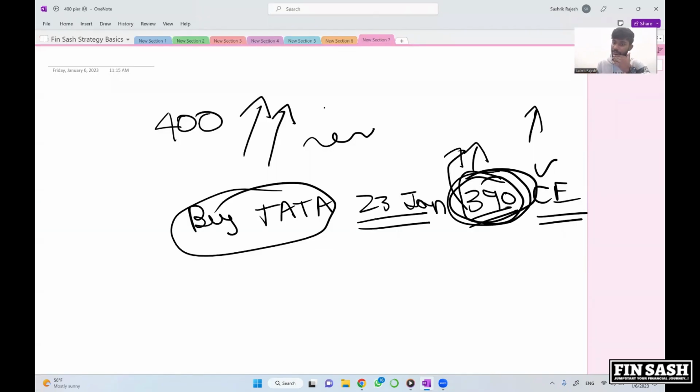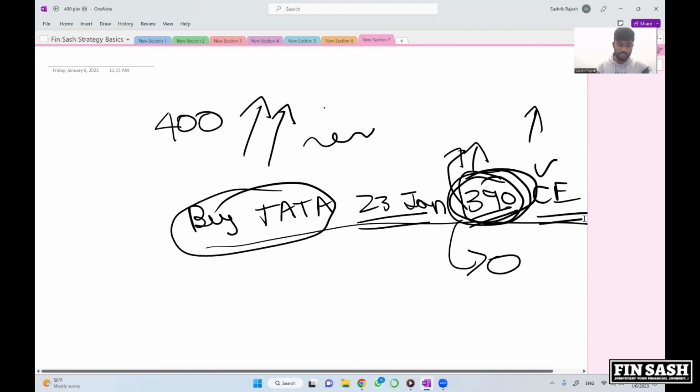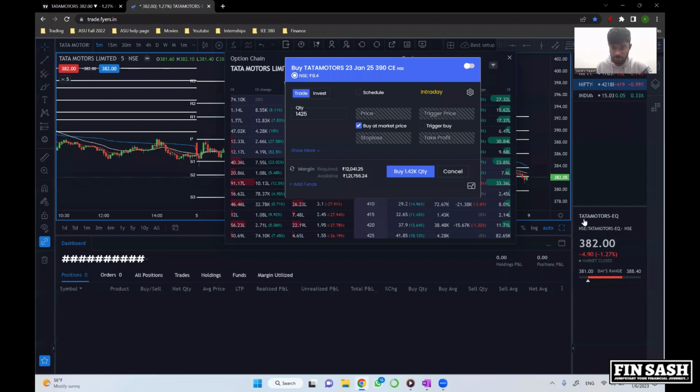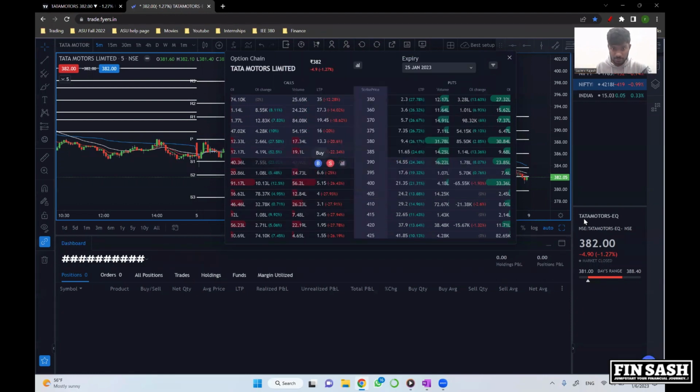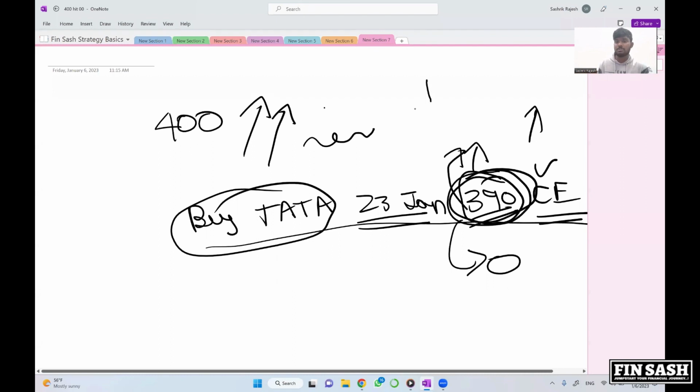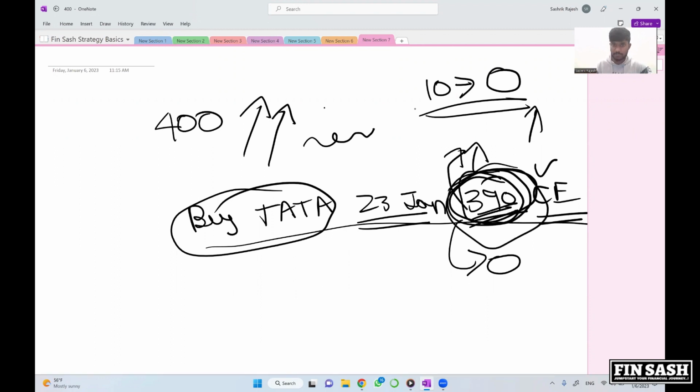But if your analysis doesn't work, your option is going to come to zero. So right now, if the option is at, for example, 10 rupees, on expiry this option is going to go to zero unless this condition is met.